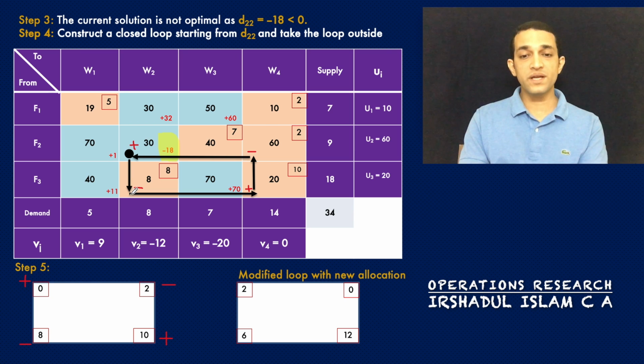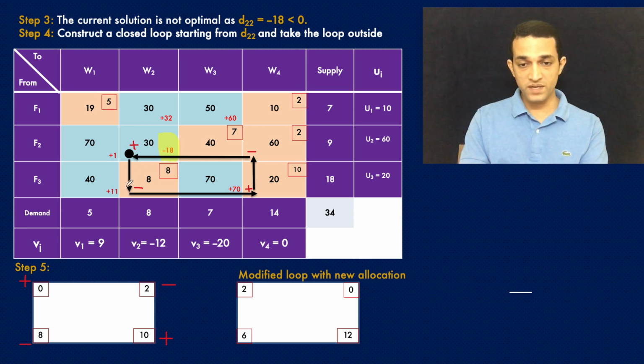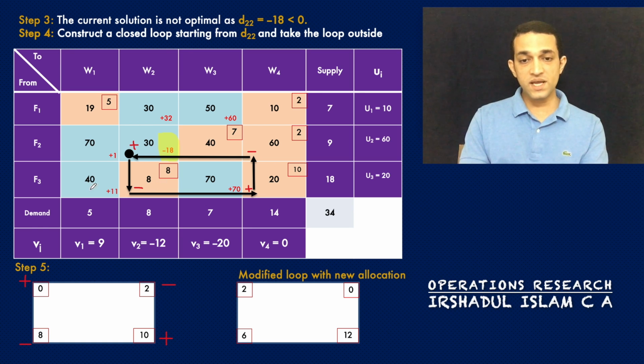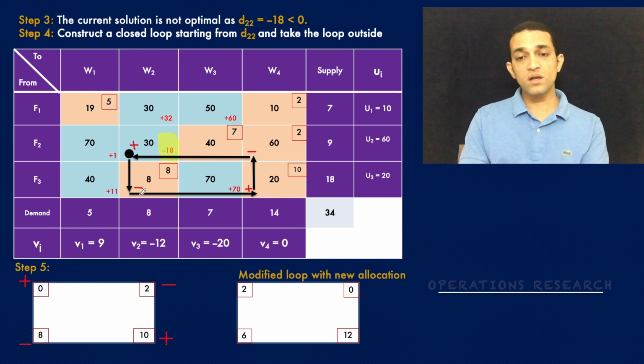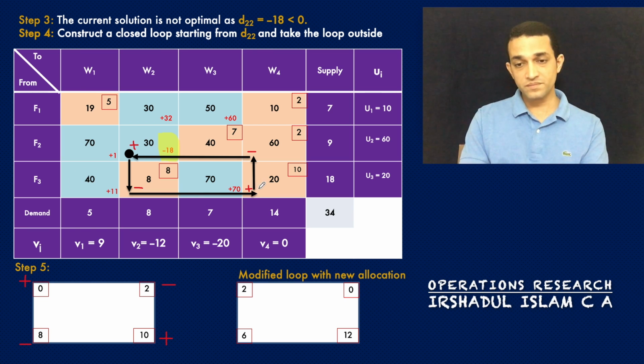So going downward, and from the starting point we have put a positive sign here. Going down, this is an occupied cell, so we can easily turn in this direction. The leftward direction is not possible because this is an unoccupied cell, so go in this direction till the next occupied cell, and then turn from here.